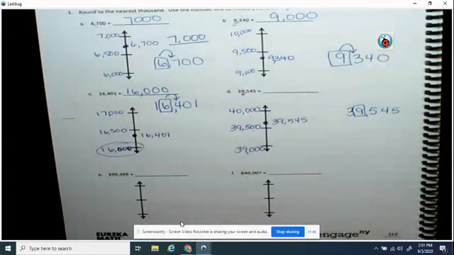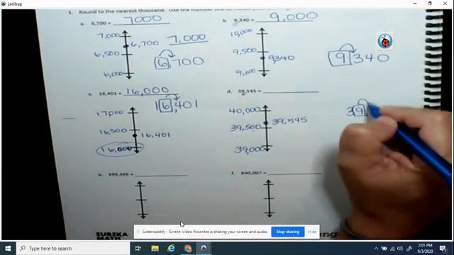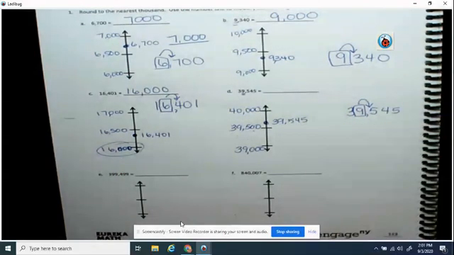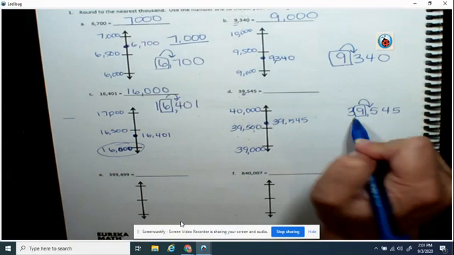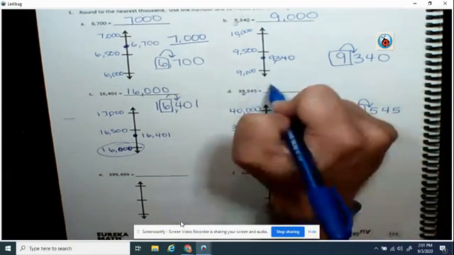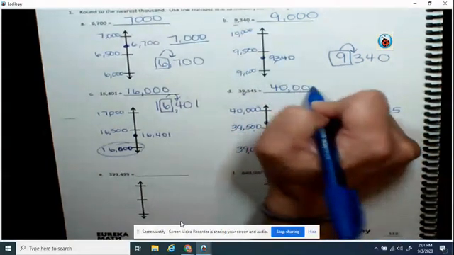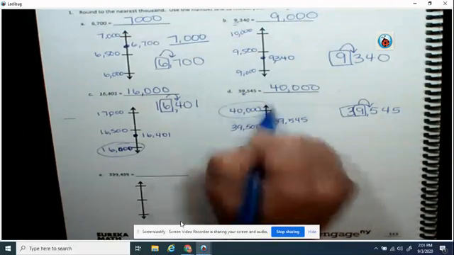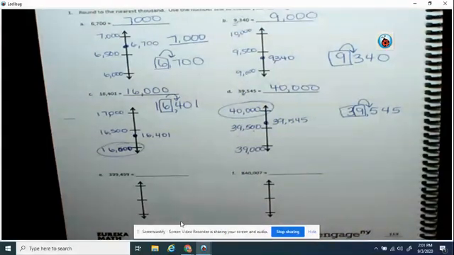So I box that thousands place because that's where I'm rounding. When I look next door, it's a 5. If it's 5 or greater, I round it up. So I had 39. I'm going to round it up to 40,000. This is definitely closer to 40,000. We're rounding it up.